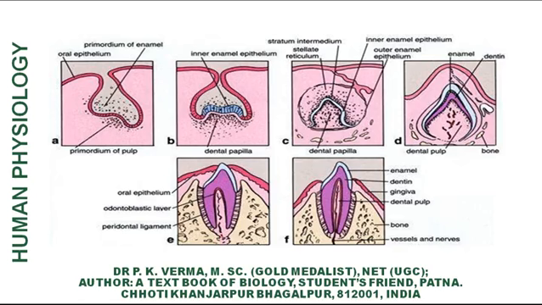You can see this in diagram D. After development, a small pulp cavity is formed under the coverage of odontoblasts. In the pulp cavity, arteries, veins, and nerve fibers extend.